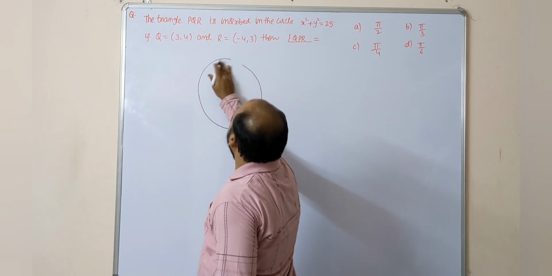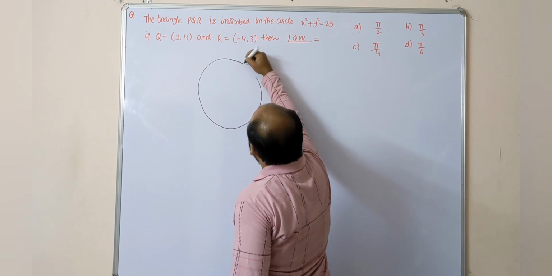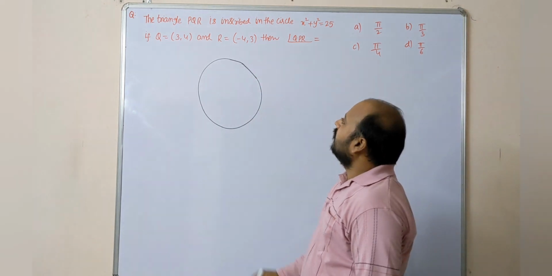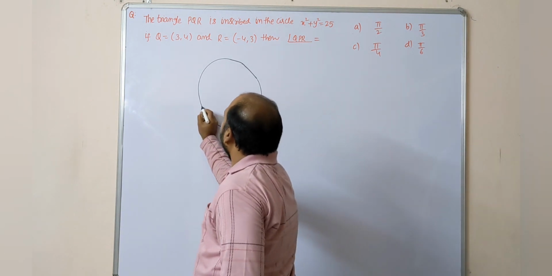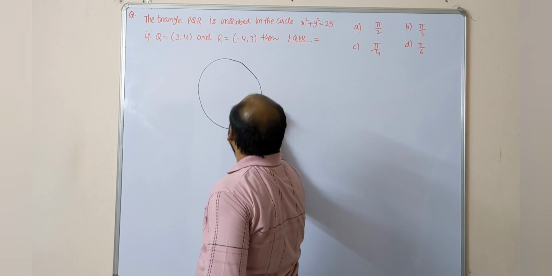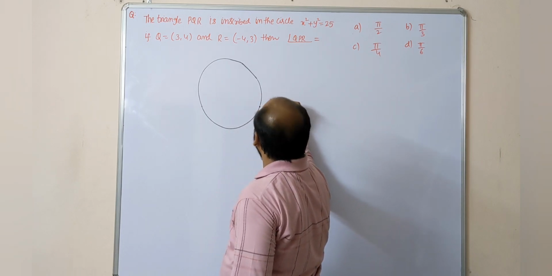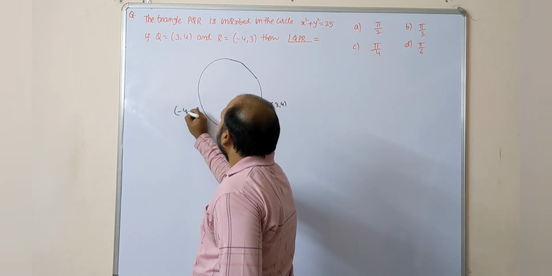Circle. Angle QPR. QR is given. Here Q is (3, 4), R is (minus 4, 3).